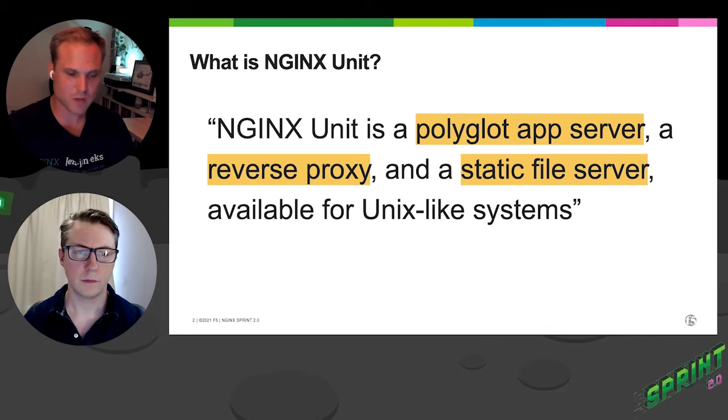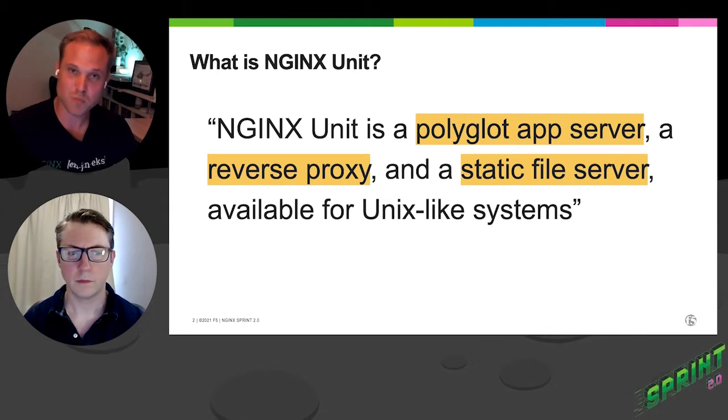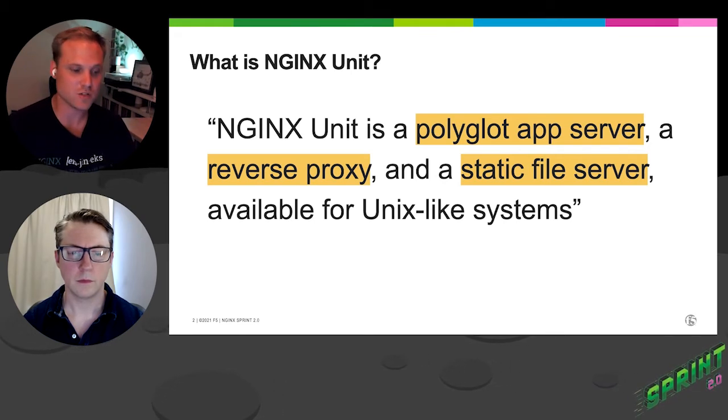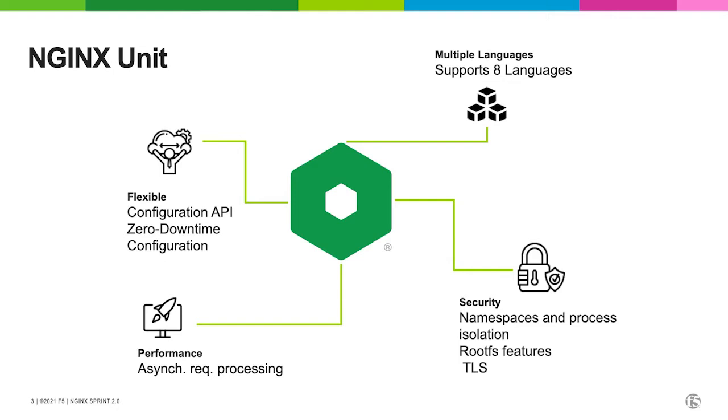And yeah, that's exactly why we're here today, because we want to show you what Nginx Unit is and what capabilities we have in Nginx Unit. The Nginx Unit core, so to say, can be configured with a RESTful API. So it's no more configuration files in the common way you think of.